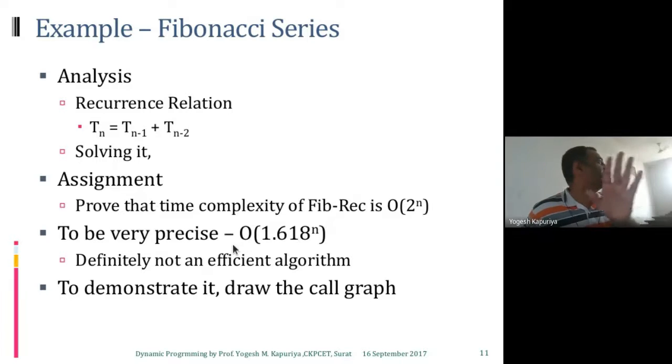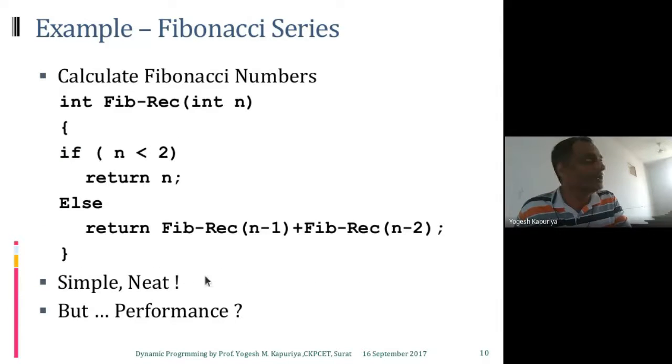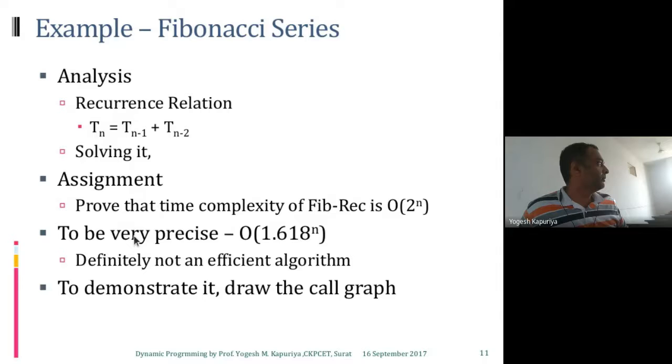We are not interested in why it is 1.618. What we are interested in is that whenever you have a recursive algorithm, the time complexity almost every time goes into exponential form. That's why recursion should always be avoided. That's what every compiler says. And that's why most compilers internally convert your recursive function into the iterative version.